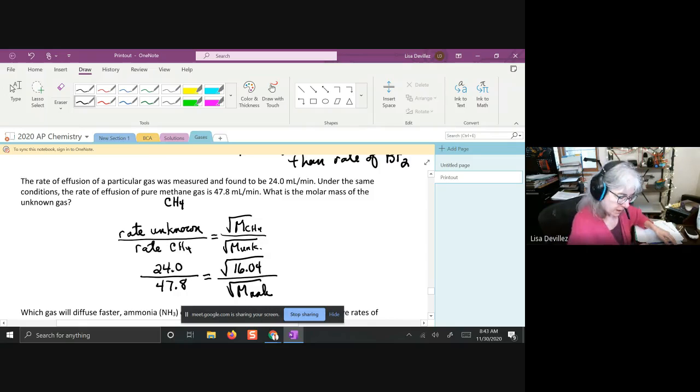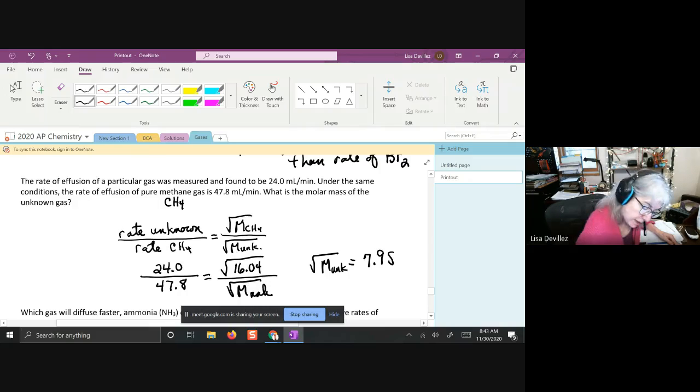Okay, so let's solve this. So we get 47.8 times the square root of 16.04, and then divide by 24. All right, so I'm getting that the square root of the mass of the unknown is 7.98.